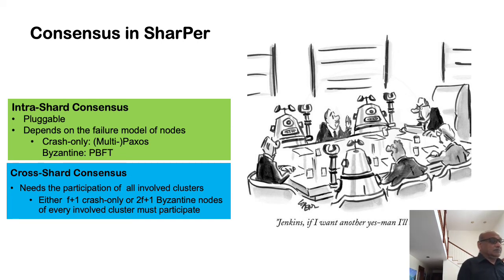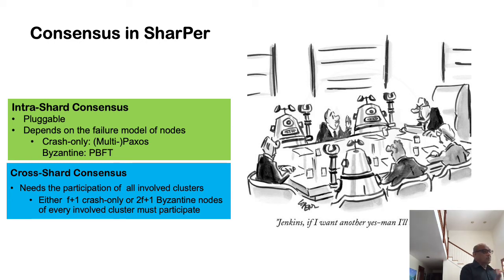Okay, and here again, if we are in the crash-only environment, then you can use a Paxos-like protocol. But if you are in a malicious environment, then you will use a PBFT protocol. So I'm going to now illustrate. I think the intra-shard consensus is really a pluggable protocol, so you use essentially whatever we have already been using in the past in the context of a permissioned blockchain.